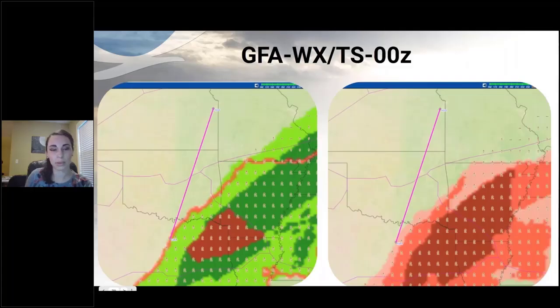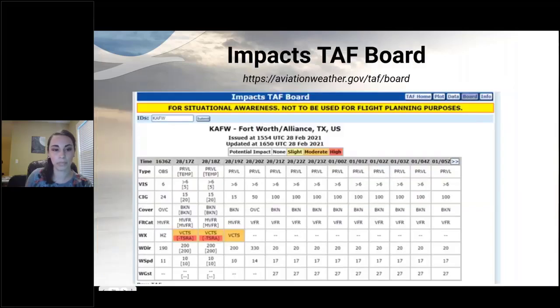And by 0Z, which is potentially our arrival time, it looks like most of the activity is to the east of our arrival airport, but we may still see some rain. Next. So one thing I like to look at is our impacts task board. You can see the web address right underneath that.